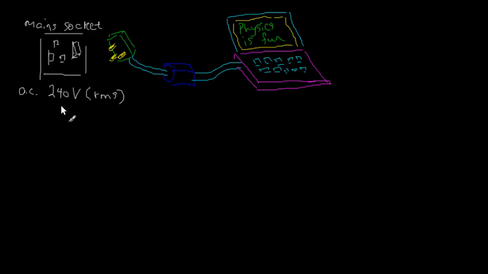And it's an AC with, let's say, a frequency of 50 to 60 Hertz. I'll take it to be 50 Hertz. Okay, so that's my typical mains socket in the house.